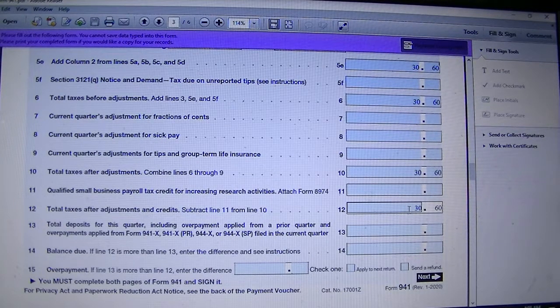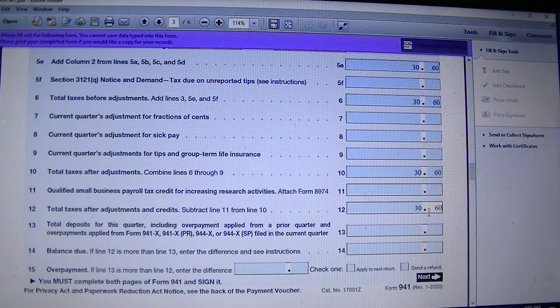And you might have a deposit schedule. It could be monthly or bi-weekly. We might talk about that in another video. If your total here on line 12 is less than $2,500 for the quarter, and you look up the previous quarter that you filed as well, and it is less than $2,500, then you are not required to make a deposit.